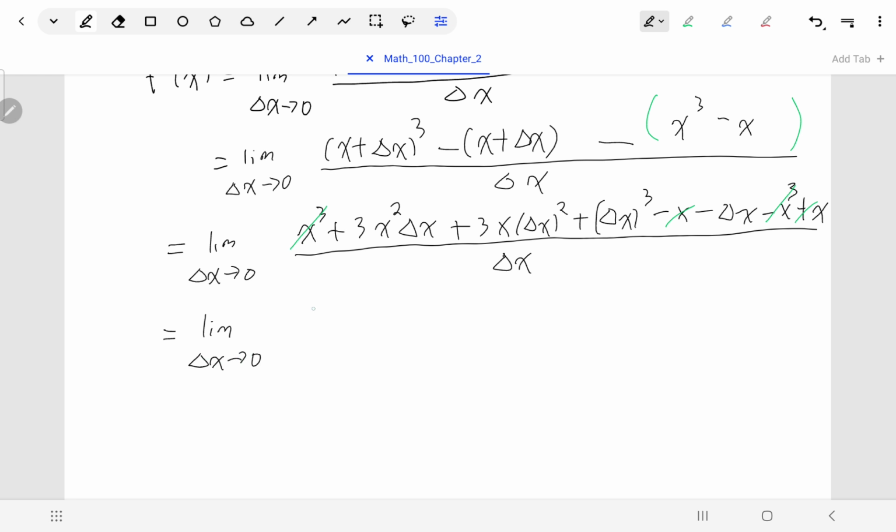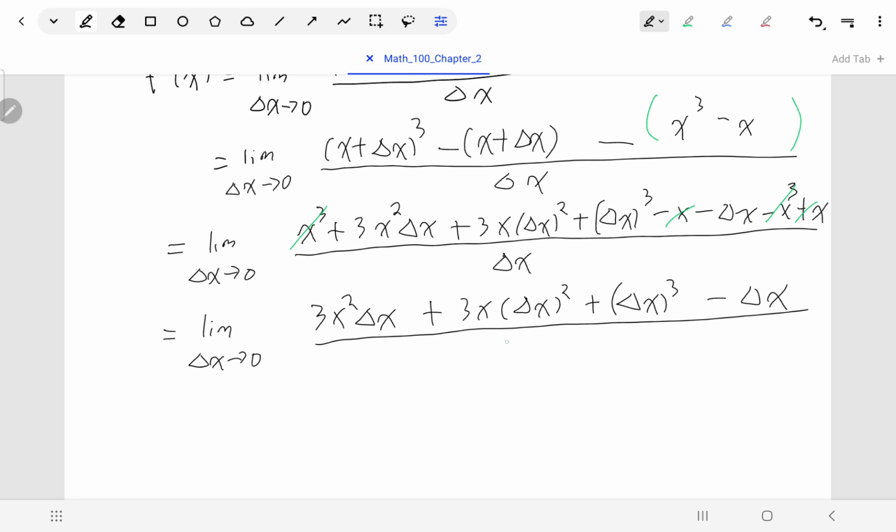I'll have the 3x squared delta x. I have a 3x times a delta x squared. I have a delta x cubed. And I also have a minus delta x at the very end of it all.